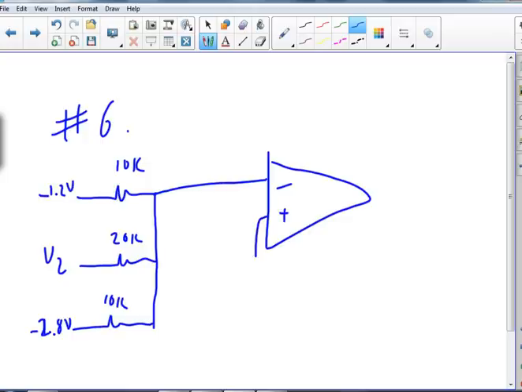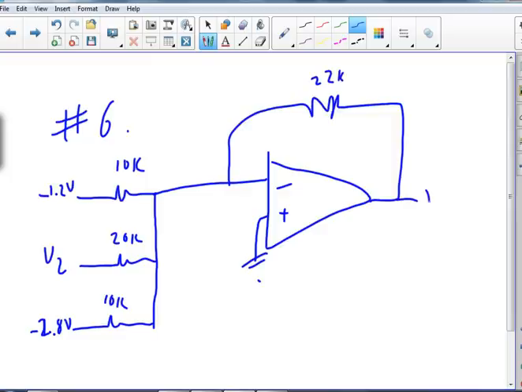Negative, positive, and I got 22K. And I know my V out is 1.5. So now we want to know what is V2.